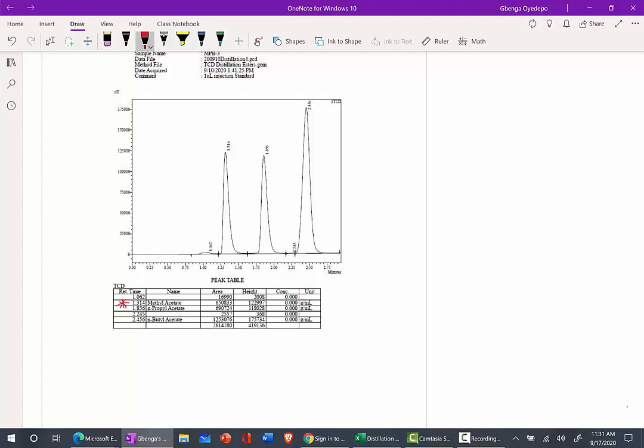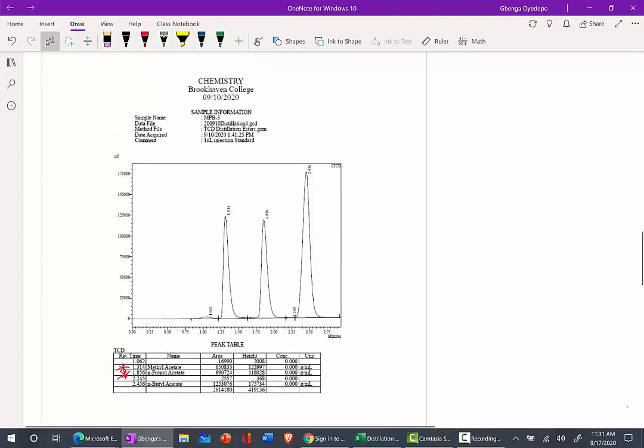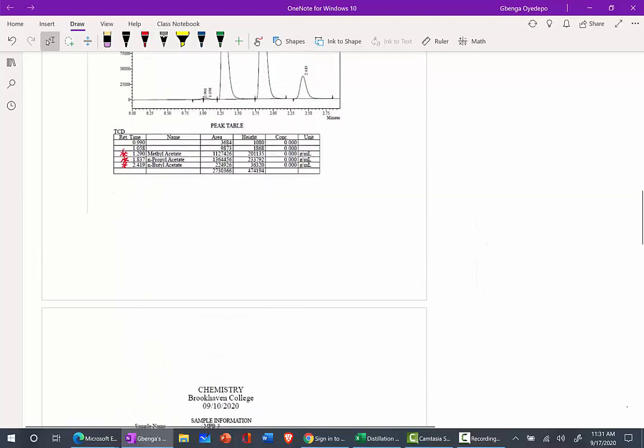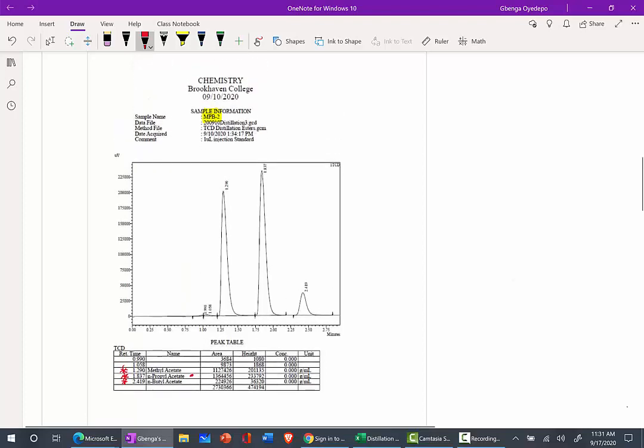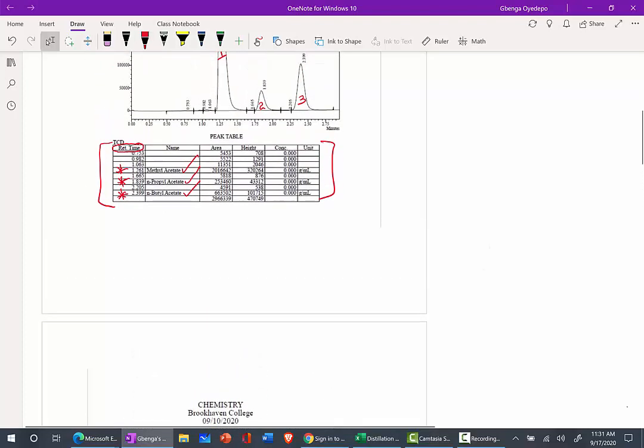The same thing for propyl acetate, 1.856 for the third standard, 1.837 for the second standard, and 1.839 for the first standard. In a nutshell, you can use the retention times to know the identity of the component giving you the peak.